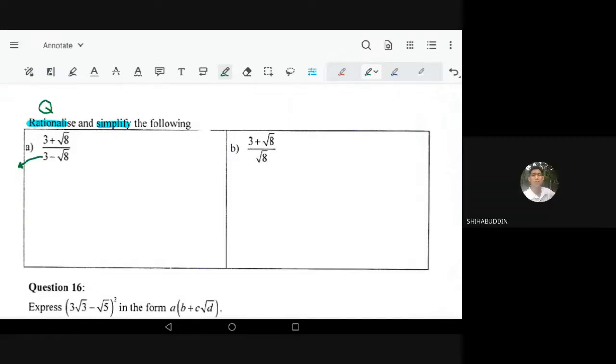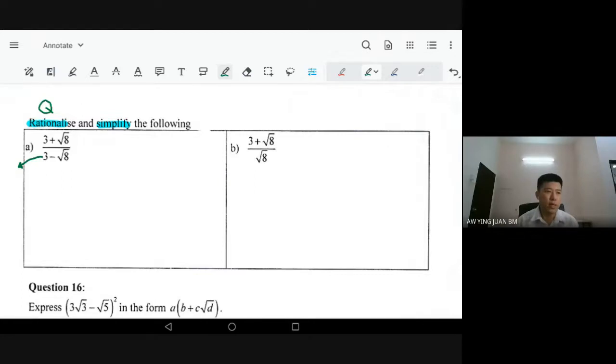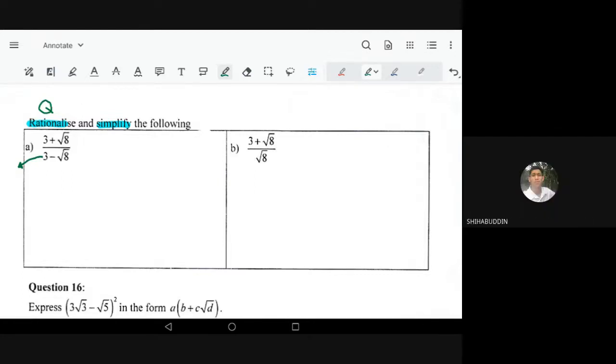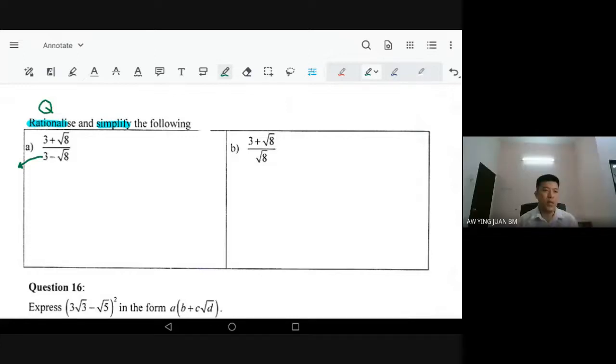Kena press calculator untuk tahu. Yes, Ahmad? No. Betul. Because square root of 8. Square root of 8. Makna dia, this is not a rational number. That's why they said rationalize. Makna dia, kena rationalkan dia.